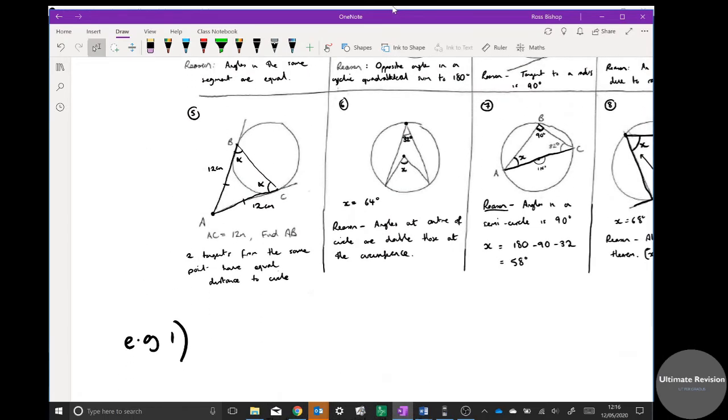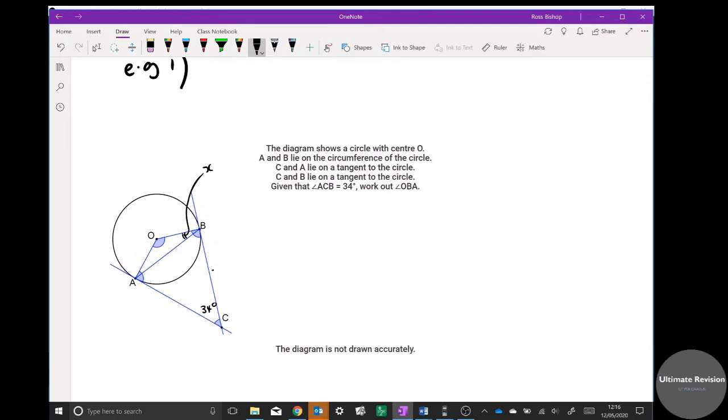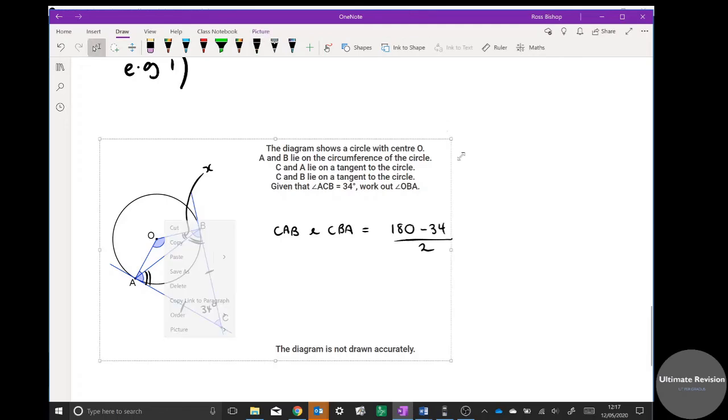So, I think number 5 is going to come into play here because I know that's an isosceles triangle. So, I know that that angle there and that angle must be the same. And they must, so angle CAB and CBA must equal 180 minus 34 over 2, okay?